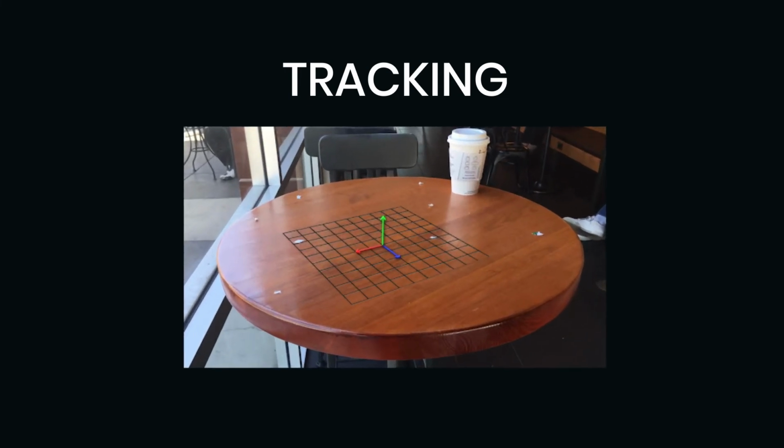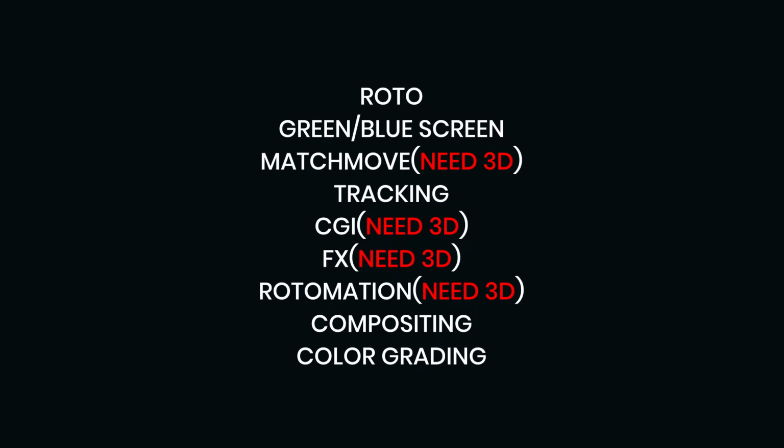Tracking is basically a process to find a particular spot or a particular pixel at each frame, and by finding that, it connects a line and creates a simple track. That means tracking. It could be 2D tracking or 3D tracking. You will see I have already marked here: need 3D, need 3D. That means for match move you need 3D software to put a 3D object there, because match moving extracts detailed camera information.